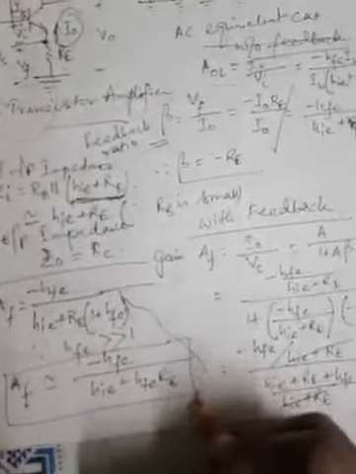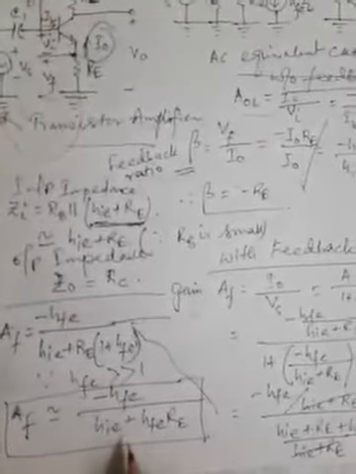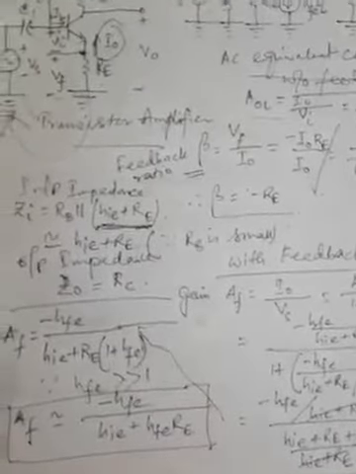One thing I missed is the minus sign; there will be a minus at the numerator. So this is the gain with feedback for this transistor amplifier using current series feedback, minus HFE by HIE plus HFE RE. What we have found here is the gain in terms of H parameters with feedback.